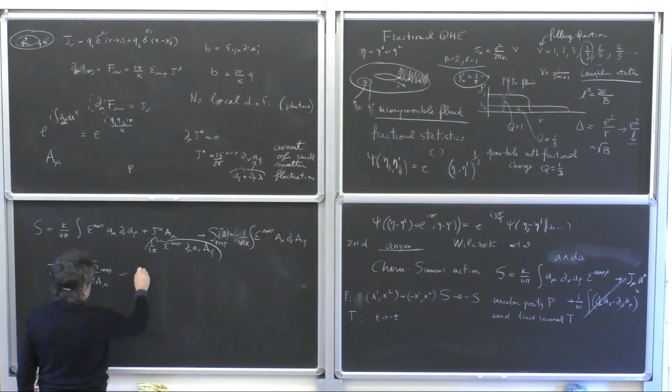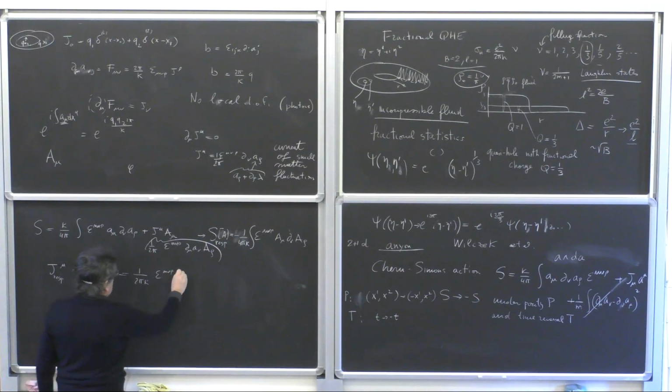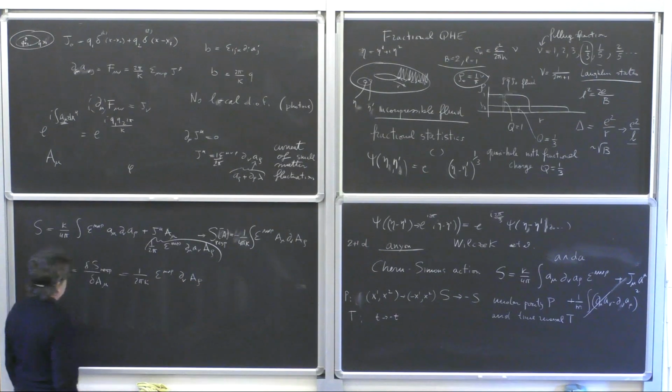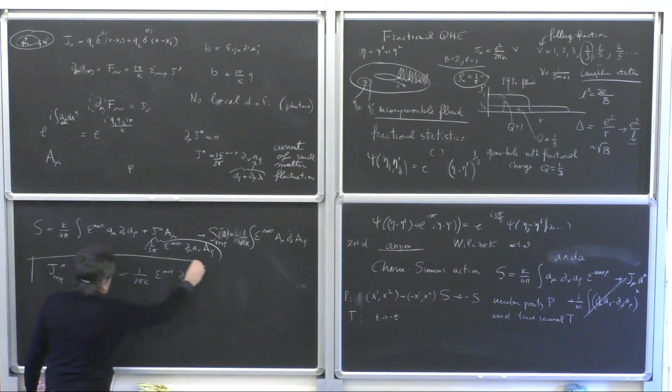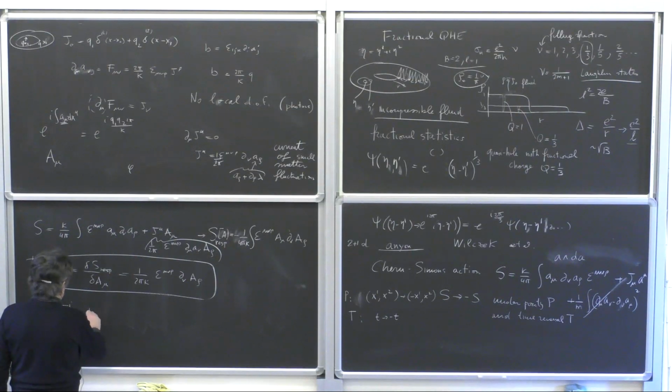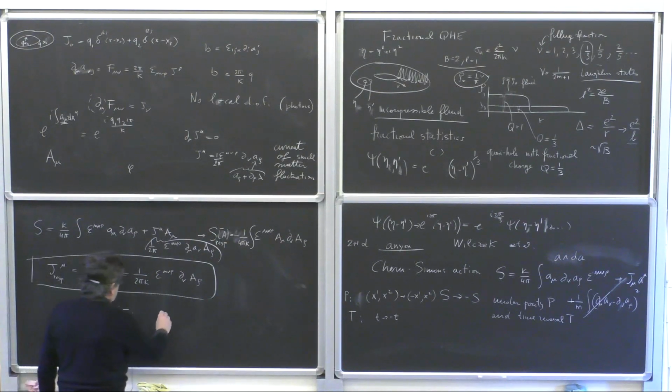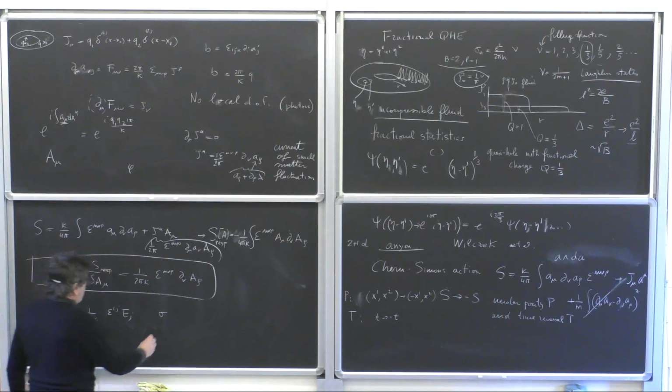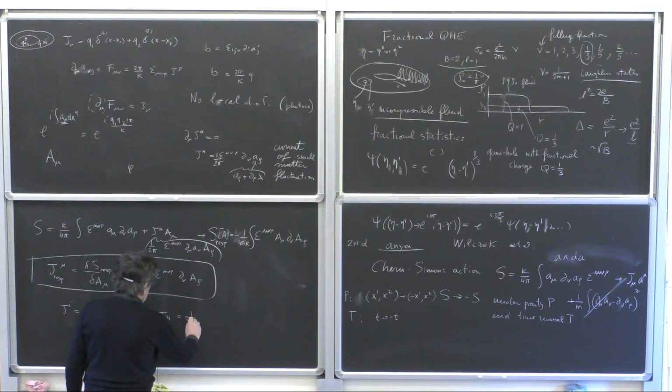This gives 1 over 2 pi k epsilon, and this is a relativistic form of the Hall current. Because you have that J_i is 1 over 2 pi k epsilon_ij E_j. So this theory describes a Hall current with a sigma equal to 1 over 2 pi k.